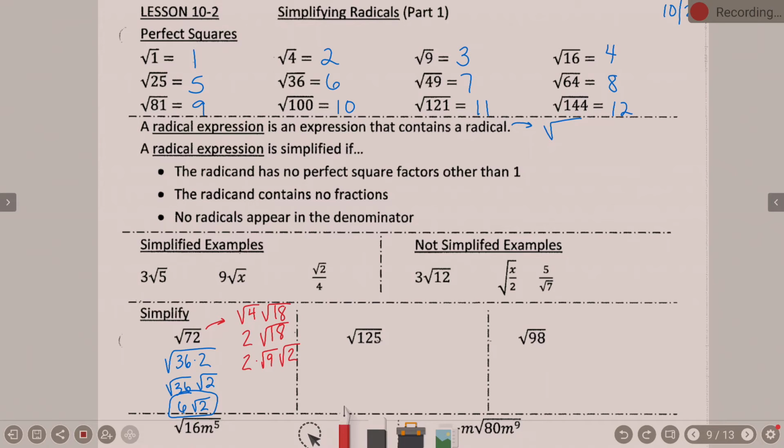So it's the square root of 18, which means I can say square root of 9 times square root of 2. Well, what do we know about the square root of 9? It's 3. So we already have this 2 out front, this 3 out front, and then the square root of 2 still. 2 times 3 out front is 6 square root of 2.